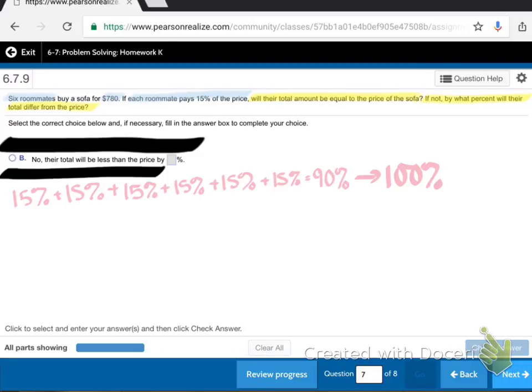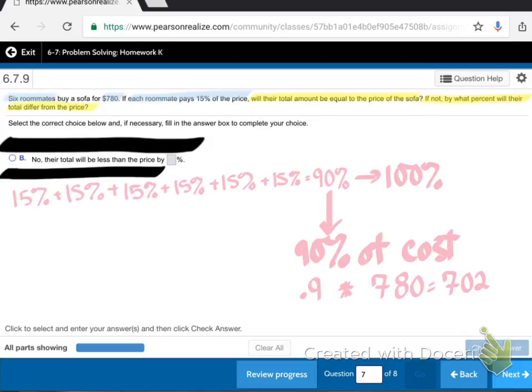So let's figure out that percentage that we're off by. Well, 90% of the cost, that's how much I have. So 90% is 0.9, of means multiplication. My cost is $780. So 0.9 times 780 gives me 702. The 6 roommates have produced $702 out of $780. So we're $78 short.